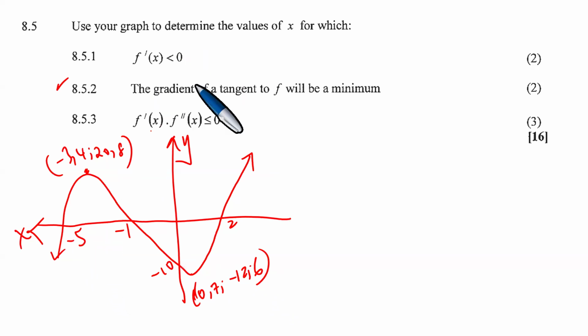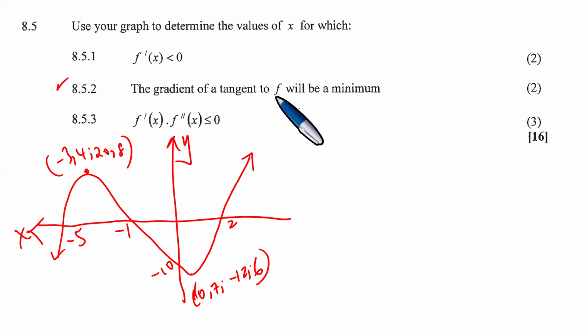Use a graph to determine the values of x for which the gradient of a tangent to f will be a minimum. So looking at question 8.5.2, the gradient of a tangent to f will be a minimum.